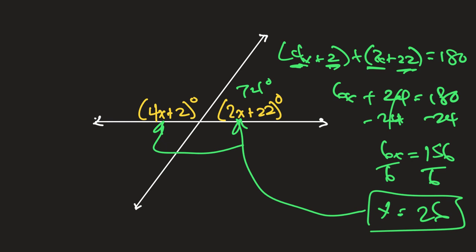If we wanted to know that angle measure, take the 26. 26 times 2 plus 22, 74. And once we know one angle, what would we subtract 74 from? 180. So 180 minus 74, what's that going to be? 106.